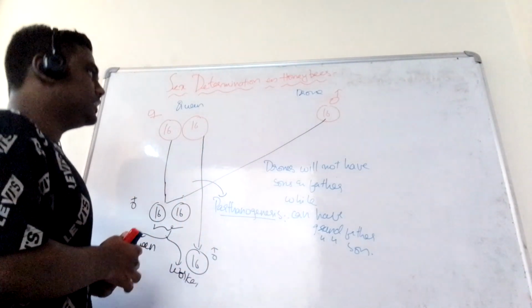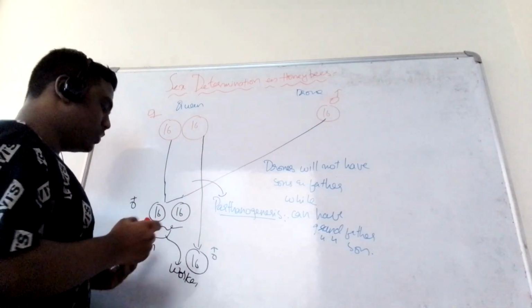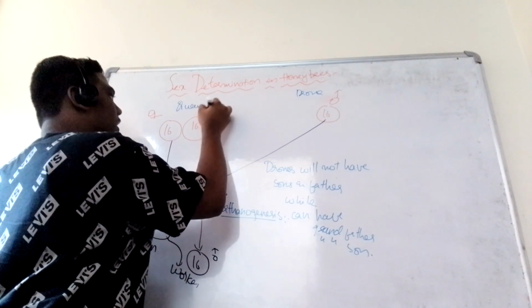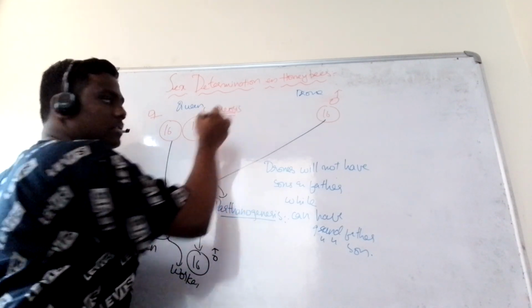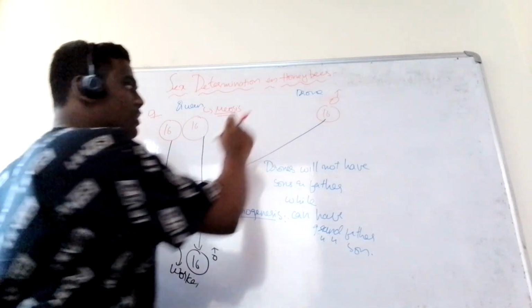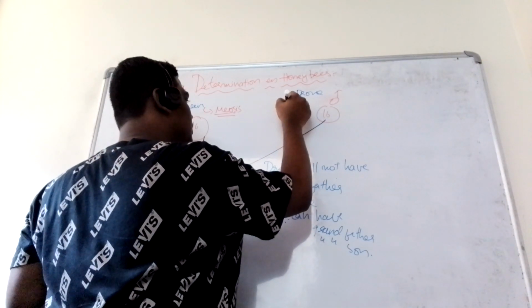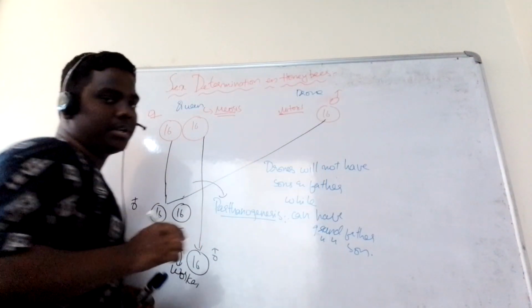Another point I have to discuss is that in the female queen, the gametes undergo meiosis. That's why two different kinds of gametes are produced, while in the drone it undergoes only mitosis, so only one kind of gamete is produced.